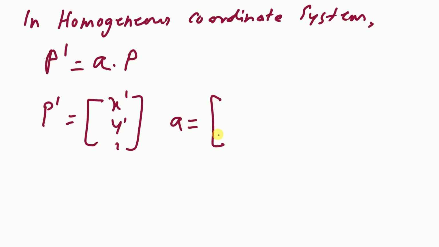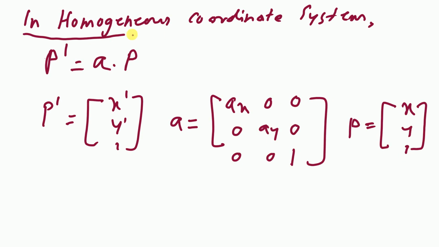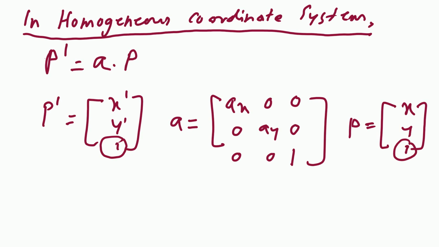The matrix A is equal to ax 0 and 0, as the dimension of the A matrix is now 3 by 3, so we append it with zeros: 0, ay, 0 and 0, 0, 1. The original matrix P remains as x, y and 1. Remember that in the homogeneous coordinate system, we always append 1 in the matrix, as against the Cartesian coordinate system. In computer vision, homogeneous coordinate systems are used.